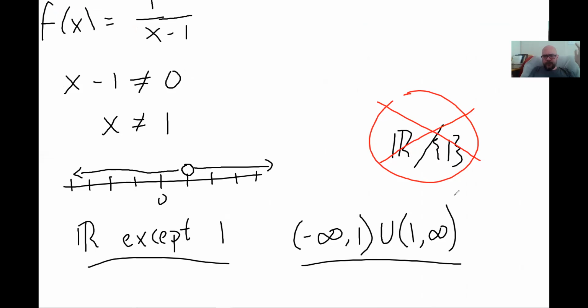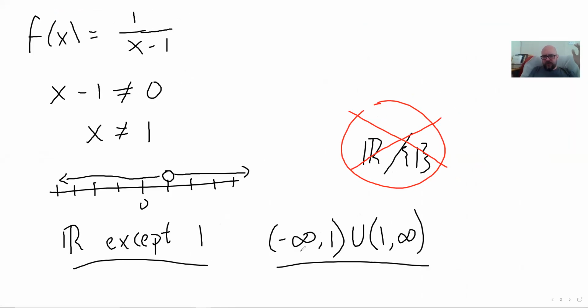When we say this, all of the area between negative infinity and 1 gave you y values, and all the area from 1 to infinity gave you y values, but 1 itself did not, right? There was a hole there, which manifested itself as that line where the graph would never cross.